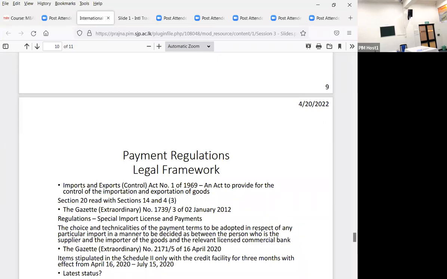Most of the exporters were not able to trace the money, and it never came, because we were taking a risk. The only way of mitigating the risk is the export credit insurance offered by the Export Development Board. Of course, that is expensive because there's a premium involved. But that is one way of mitigating the risk of non-payment.